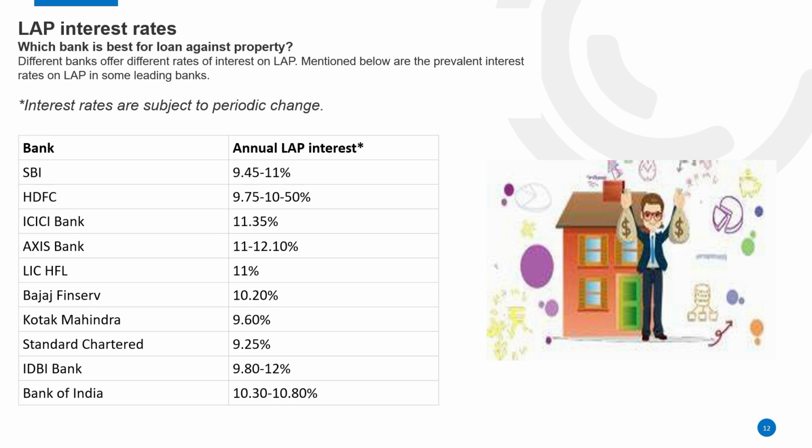Bank annual LAP interest: SBI 9.45 to 11%, HDFC 9.75 to 10%, ICICI Bank 11.35%, Axis Bank 11 to 12.10%, LIC HFL 11%, Bajaj Finserv 10.20%, Kotak Bank 9.60%, Standard Chartered 9.80 to 12%, IDBI Bank 10.30 to 10.80%, Bank of India.